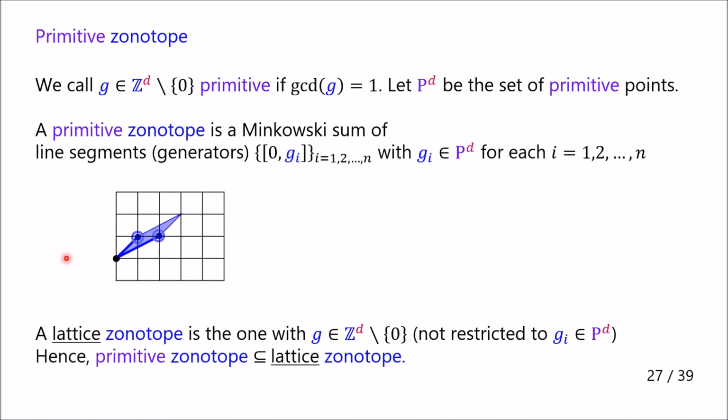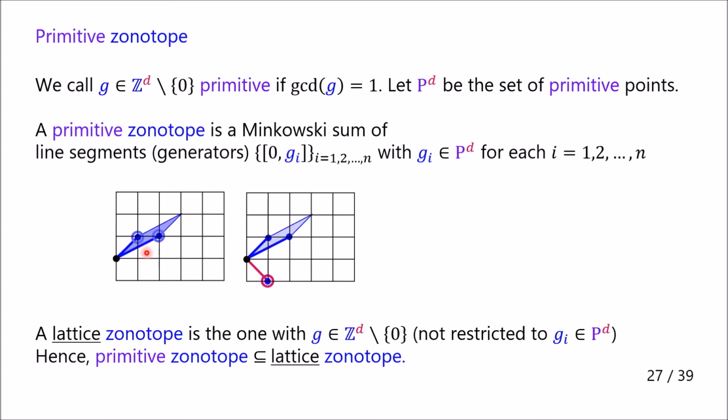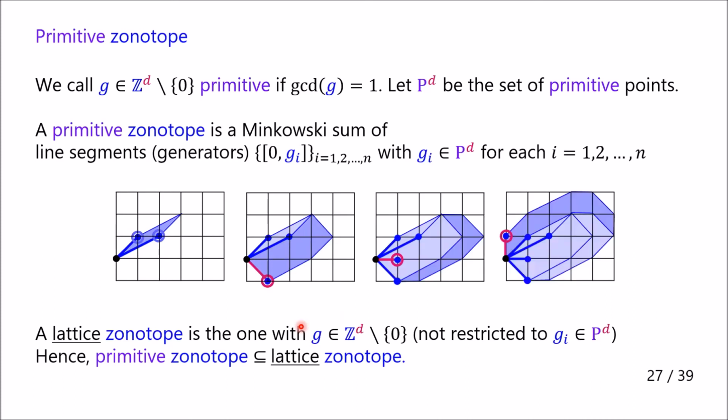So these are the generators. And if we add one more line segment like this by focusing on this primitive point, we obtain this primitive zonotope. And thinking in the same way, we see that all of these are primitive zonotopes.